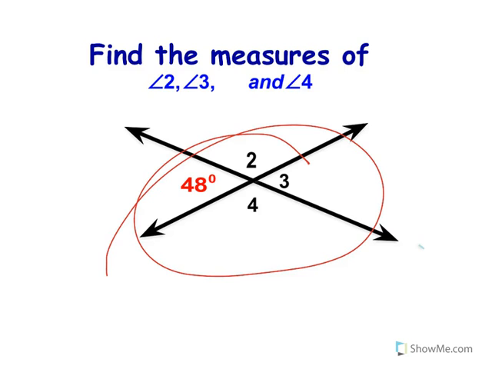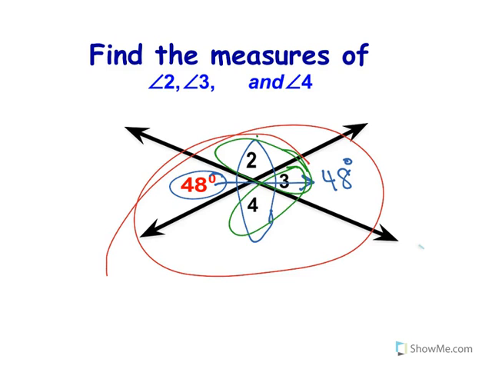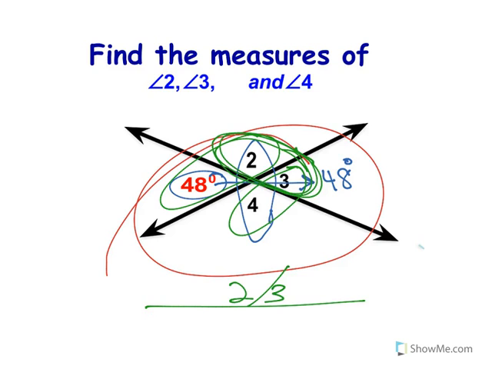And I'm just going to ignore the numbers and just kind of go. So here we know this is 48, right? Well, opposite of that is also going to be 48. They're equal. They're vertical angles. Okay? We know that these two are going to be equal, but we don't know what either one of them is yet. But we can figure it out because we know that 3 and 4, or 2 and 3, or those two, however you want to look at it, we know that those are linear pairs. So if these two are a linear pair, because really it looks like this, right?